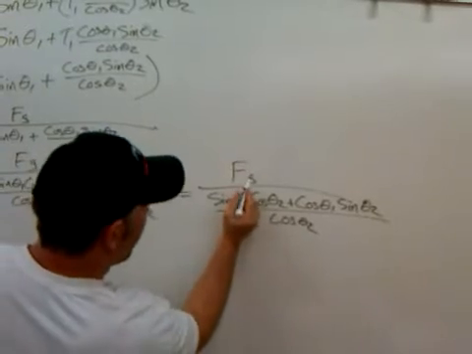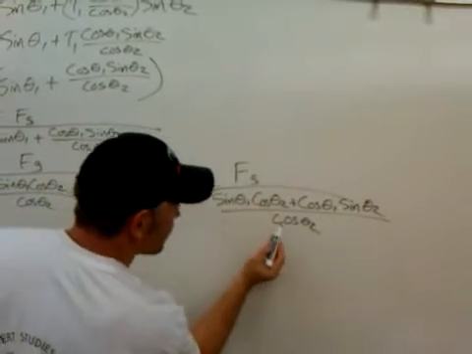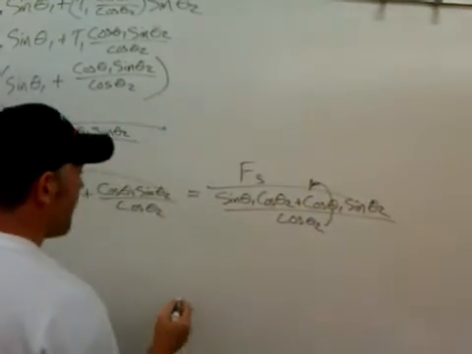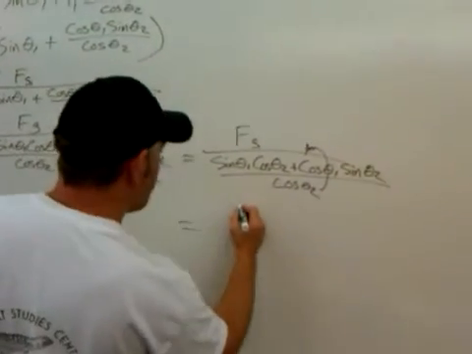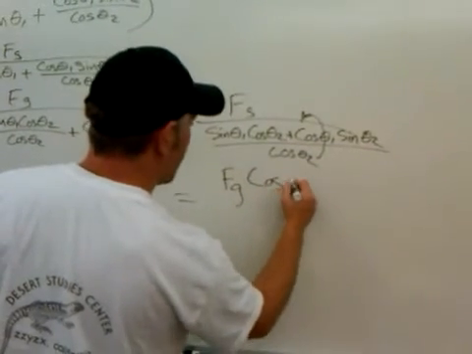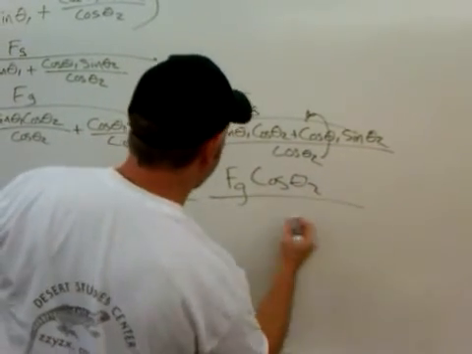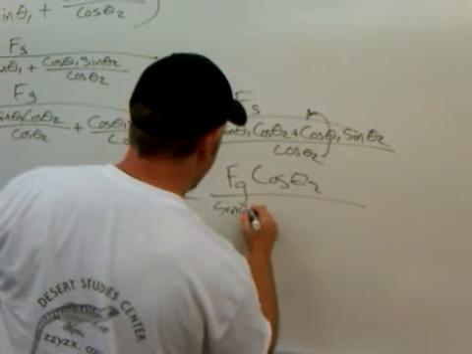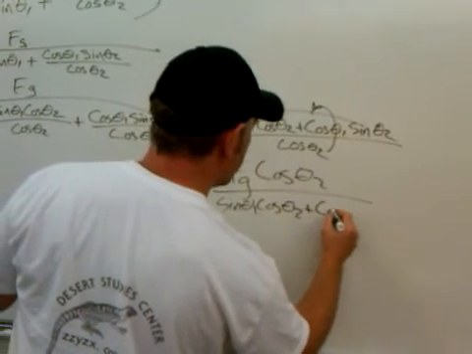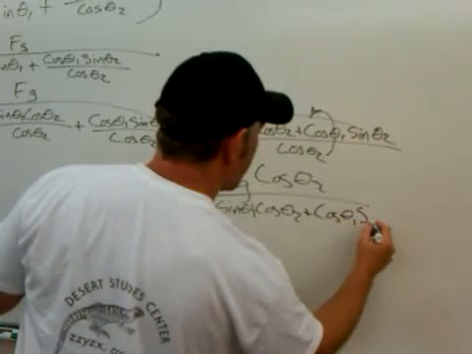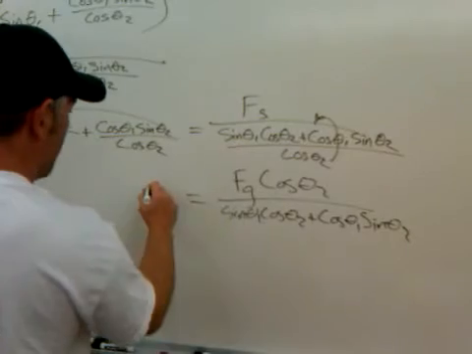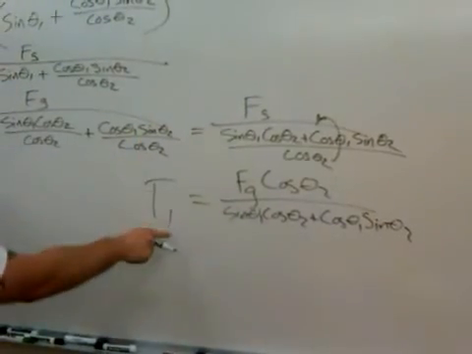Well, because we have this over this over this, this is going to flip up to the top, and this is going to equal F sub g times the cosine of theta 2 over sine theta 1 cosine theta 2 plus cosine theta 1 sine theta 2. And I'm going to say this is still equal to T1 here.